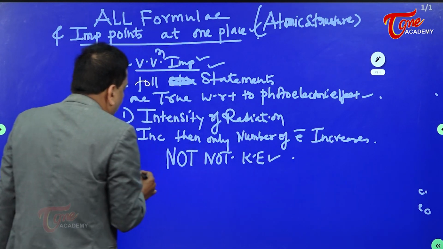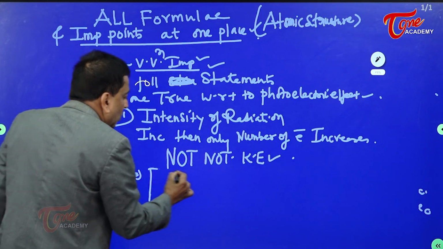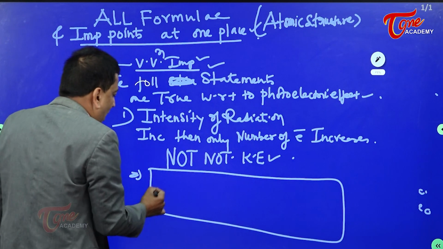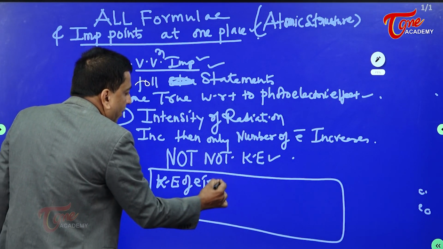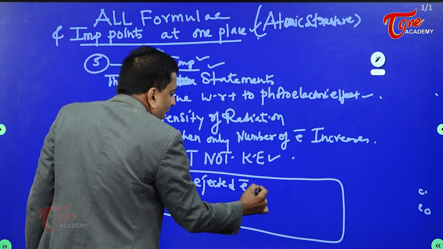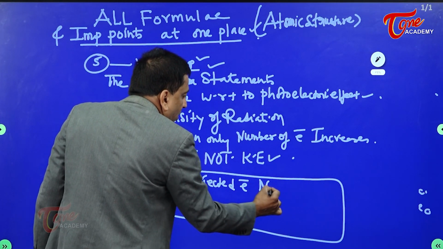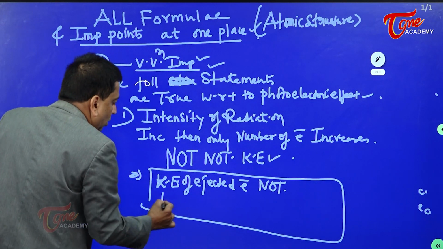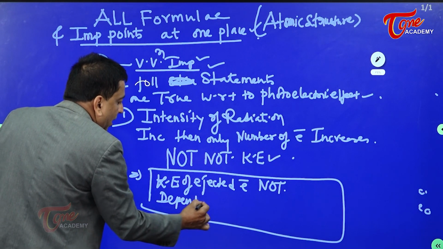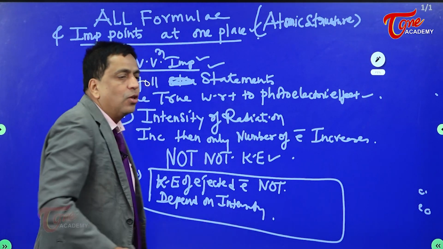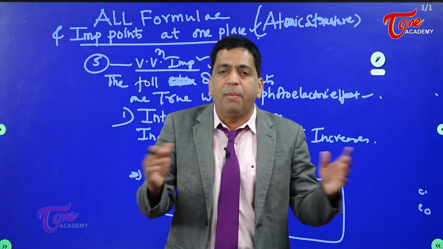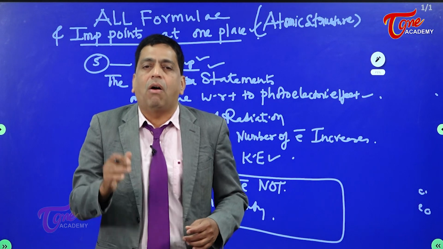You must understand. Simply speaking, it implies that the kinetic energy of the ejected electron does not depend on intensity. You must understand. So intensity is basically independent of the kinetic energy of the electron.